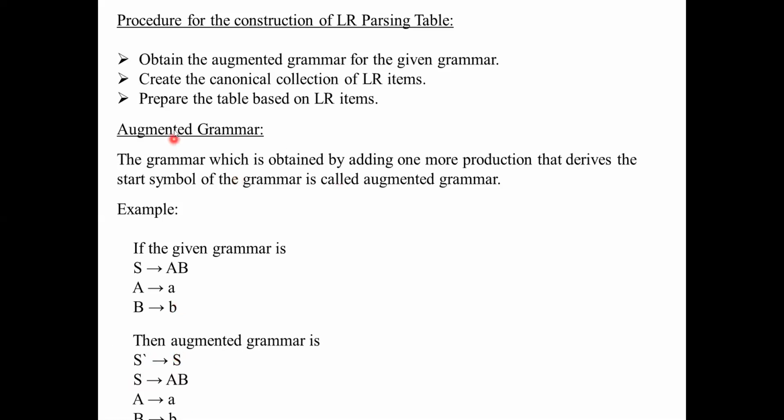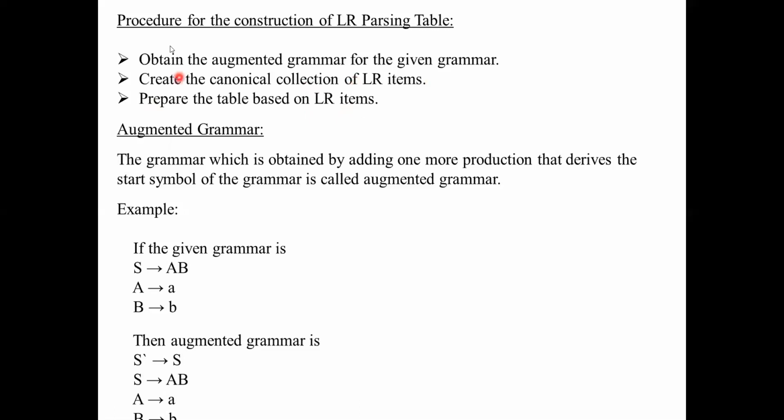Now the next part is to create the canonical collection of LR items. What is the meaning of canonical collection? We discuss it in the next slide. On the basis of the canonical collection, we prepare the LR parse table. So in the LR parse table, we prepare the table based on LR items.